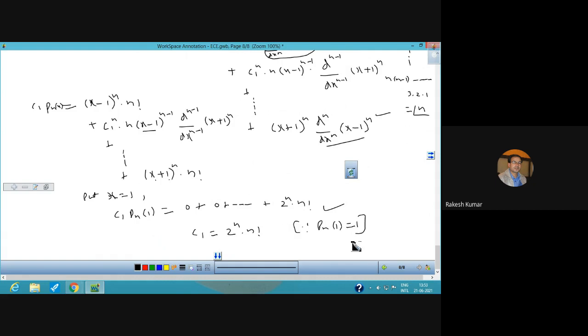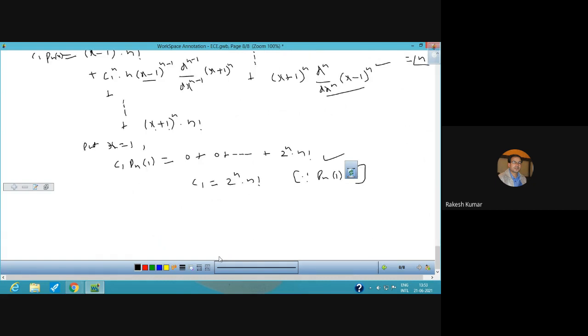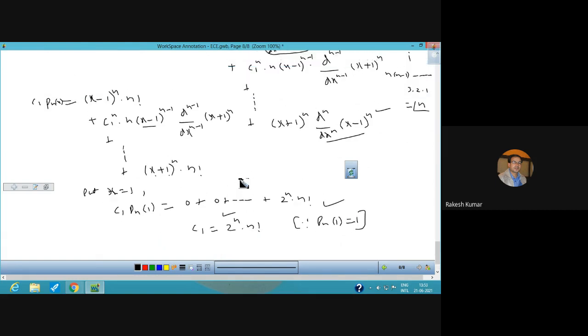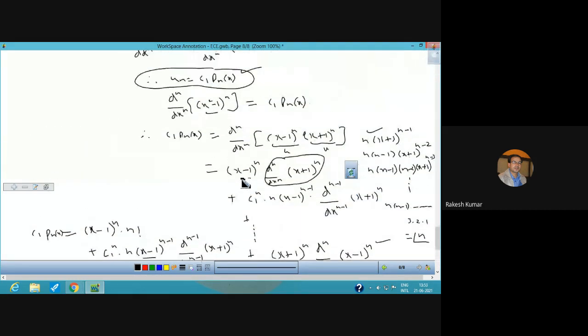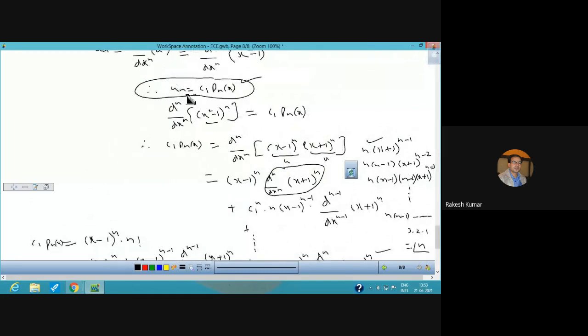Rodrigues से भी निकाल सकते हैं ये. Pn of 1 is always 1. Now this is the value of C1. Now this value of C1 can be used over here. This one, this can be used here. So name it as 4.